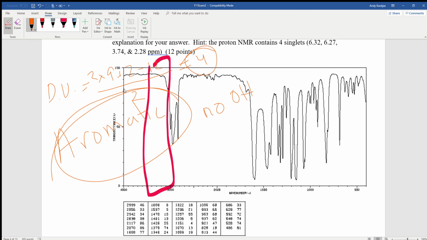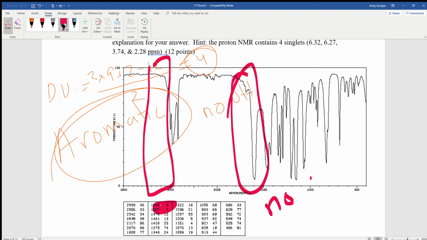The second thing I want to focus on is this region. We can see here the only real significant peaks are down around 1600. So that leads us to a very likely conclusion that there's no carbonyls.